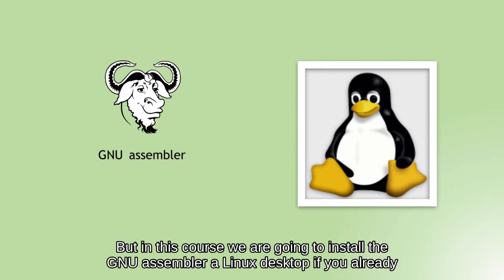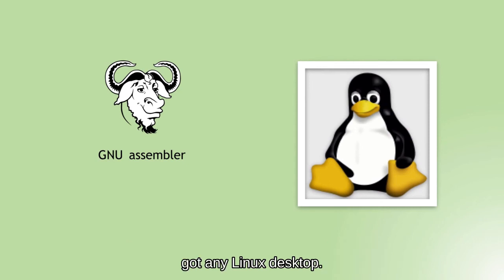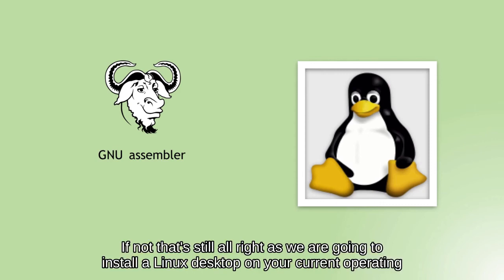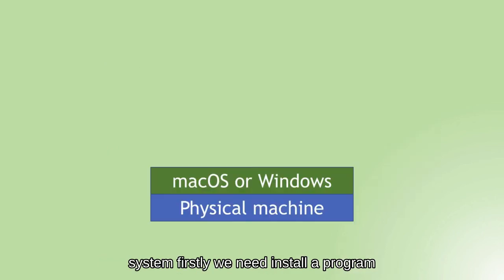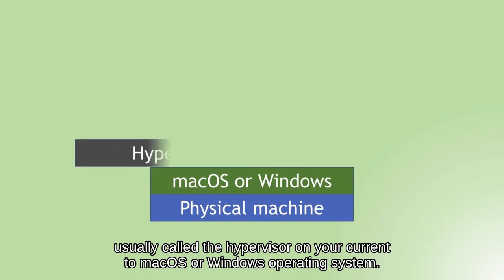If you already have any Linux desktop, that's great. If not, that's still alright, as we are going to install a Linux desktop on your current operating system. Firstly, we need to install a program usually called hypervisor on your current Mac OS or Windows operating system.